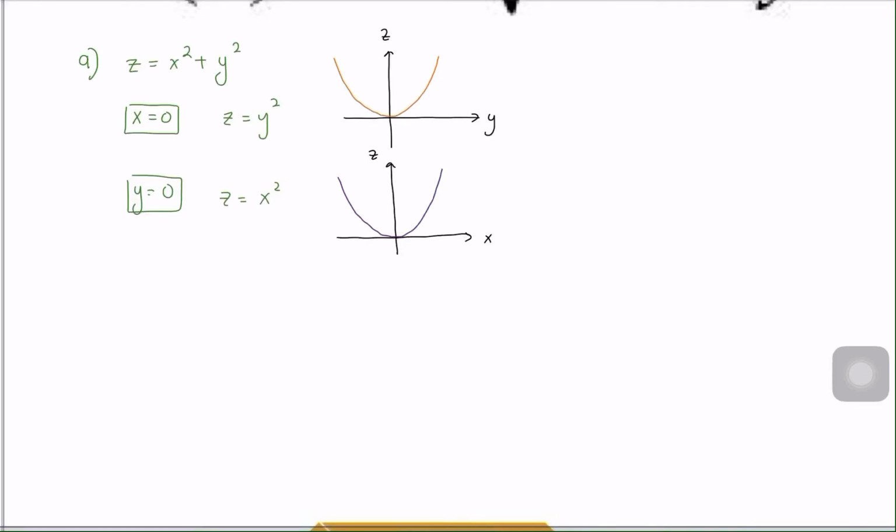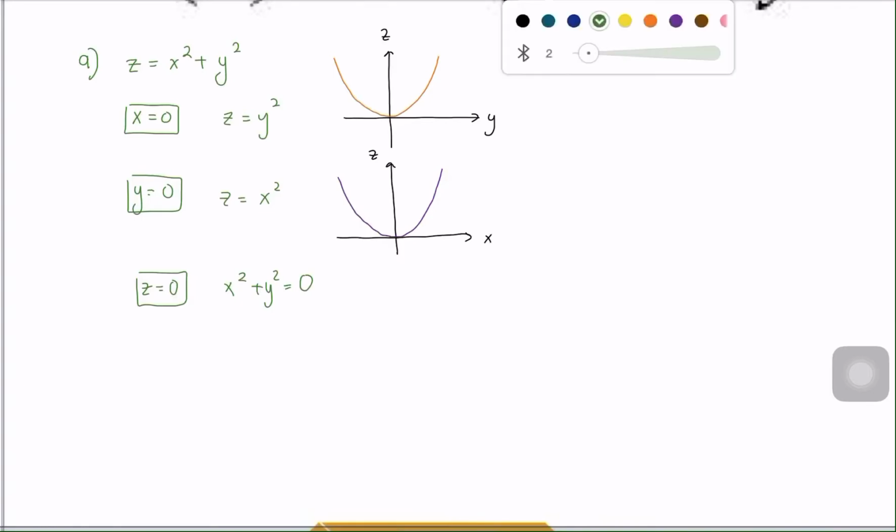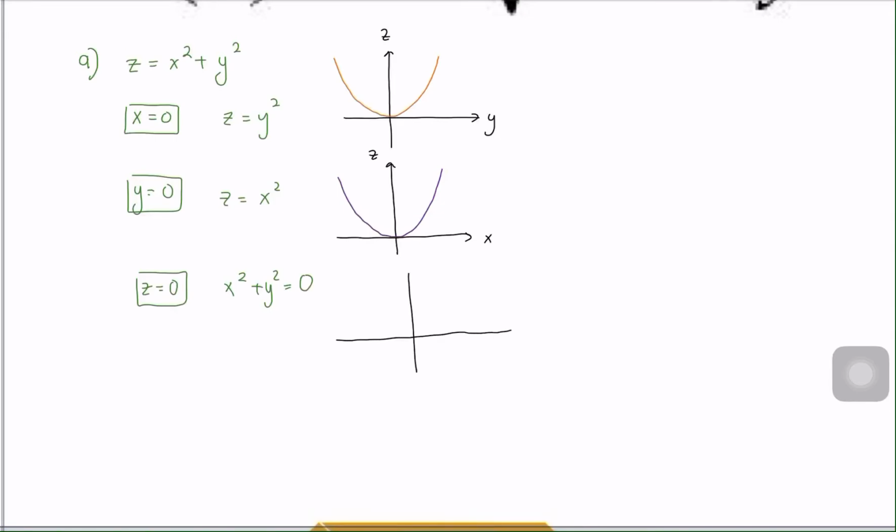Now the last one. We want to have the xy plane, which is the z equal to 0 plane, right? So we have 0, meaning that x squared plus y squared equal to 0. What shape is this?